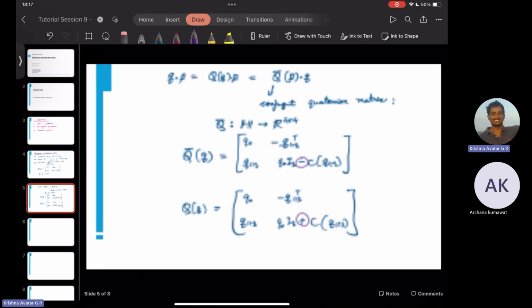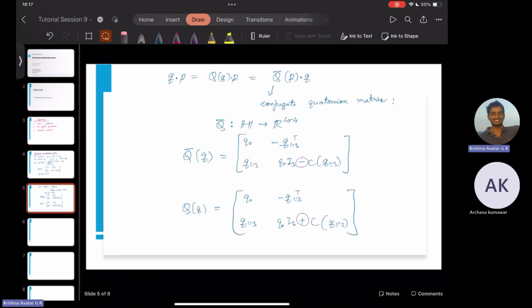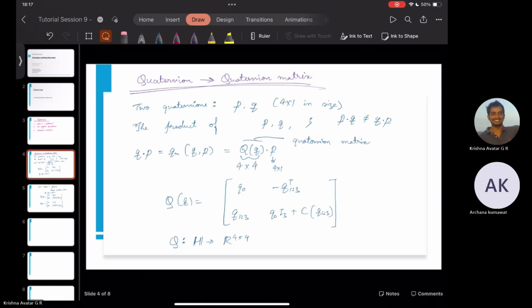And its representation in 4 cross 4 would be, so let me expand it here.